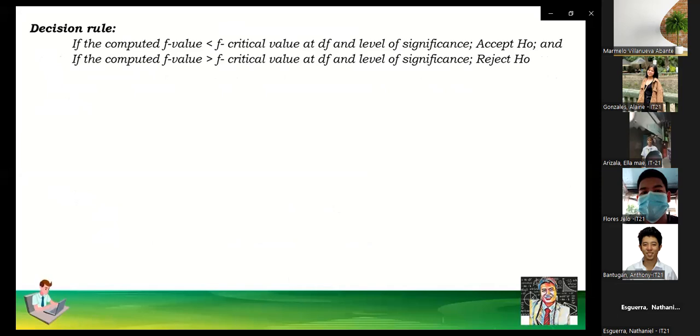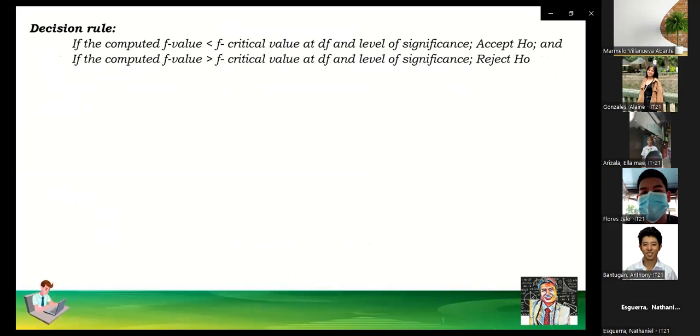Next thing na we need to know is the decision rule. Same lang rin naman siya ng decision rule ng t-test at z-test, which is if the computed F value, the computed ANOVA, is less than the critical value, sabihin nandun within the rejection region siya, accept yung HO natin doon.